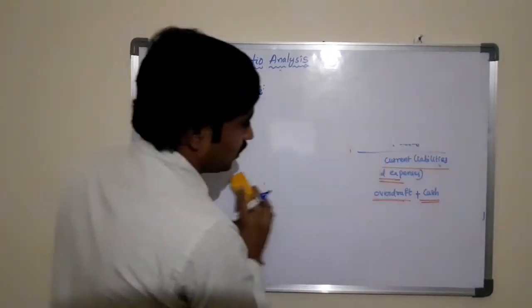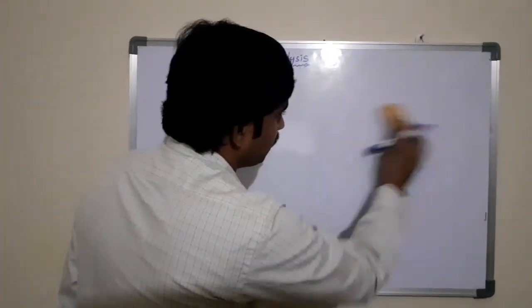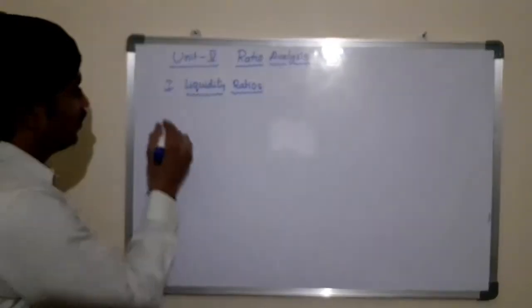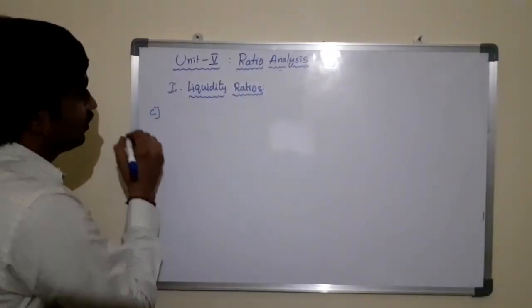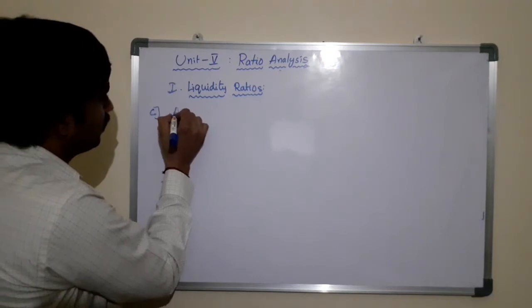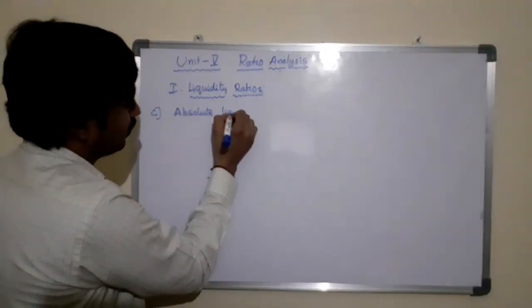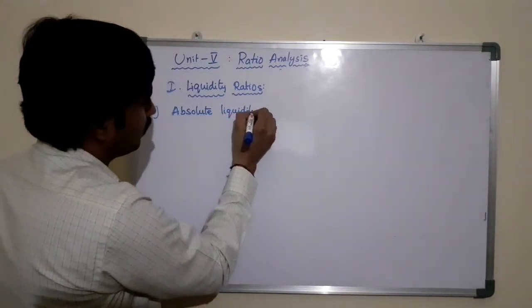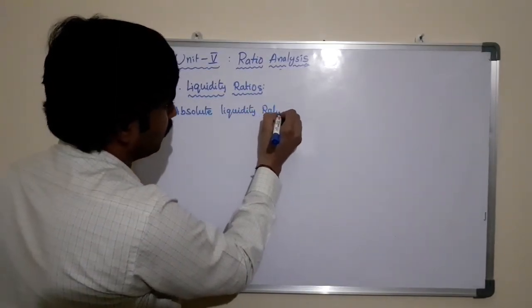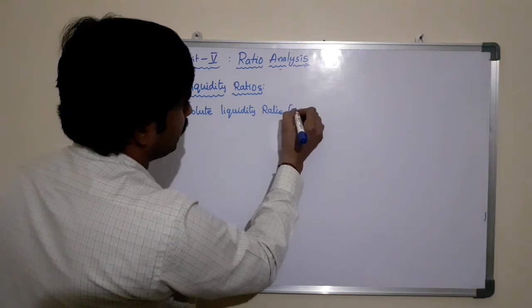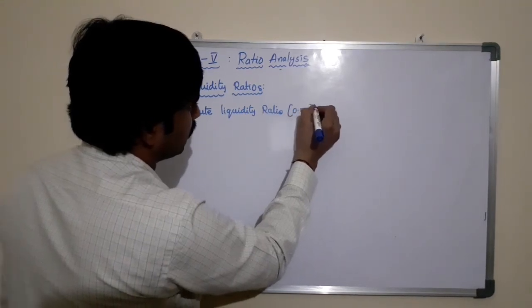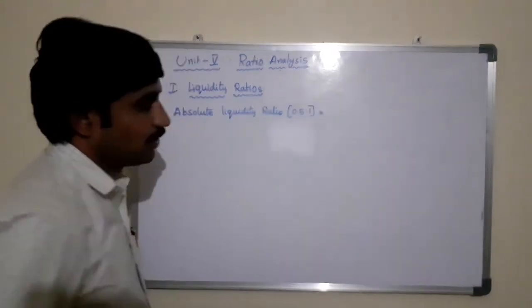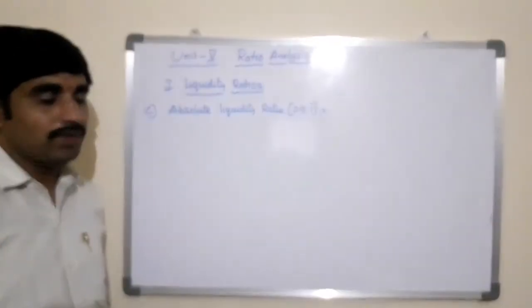The third type of liquidity ratio is absolute liquidity ratio. The ideal standard of this ratio is 0.5:1.